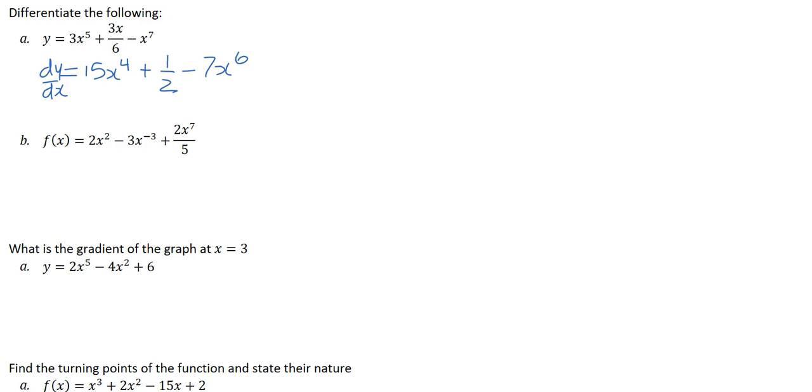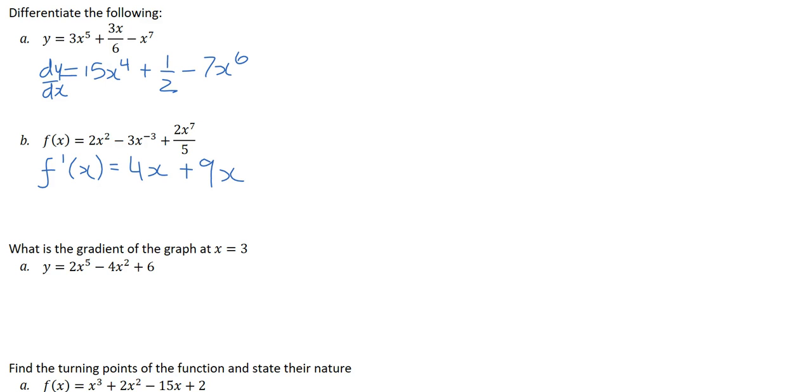What's my notation? If that's dy by dx, this one here is f dash x, good. That becomes 4x, is it? That next one becomes positive 9.